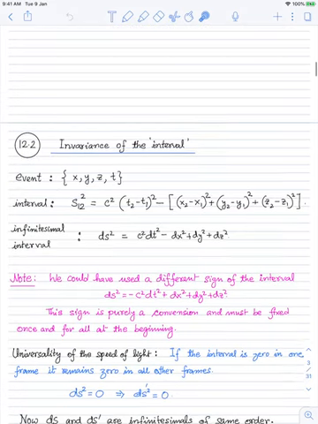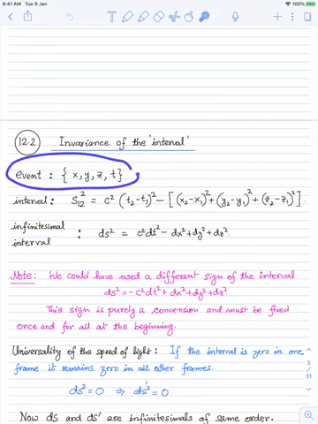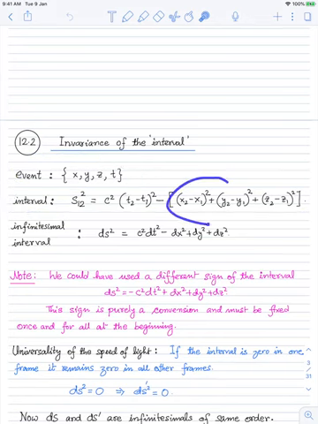Now given two such events, we can define an interval between the two events in the following way. So this, if you like, is the distance between the 2 points. And then you basically take the time difference, multiply it by the speed of light, and square it.